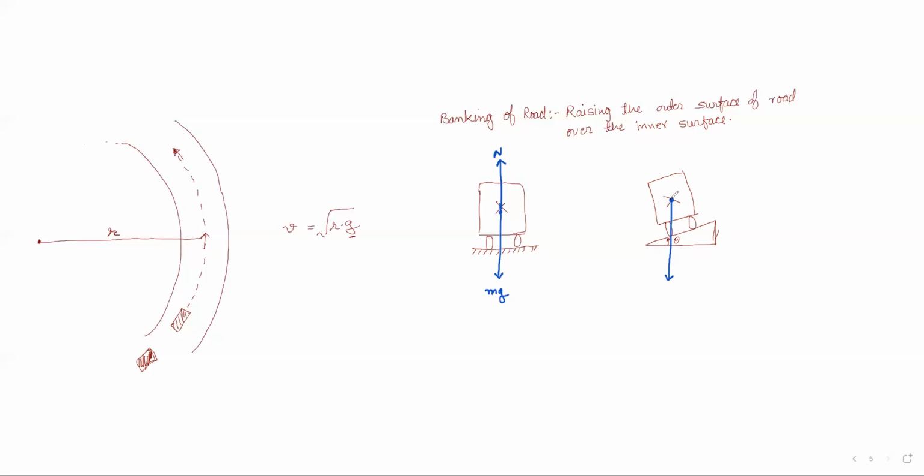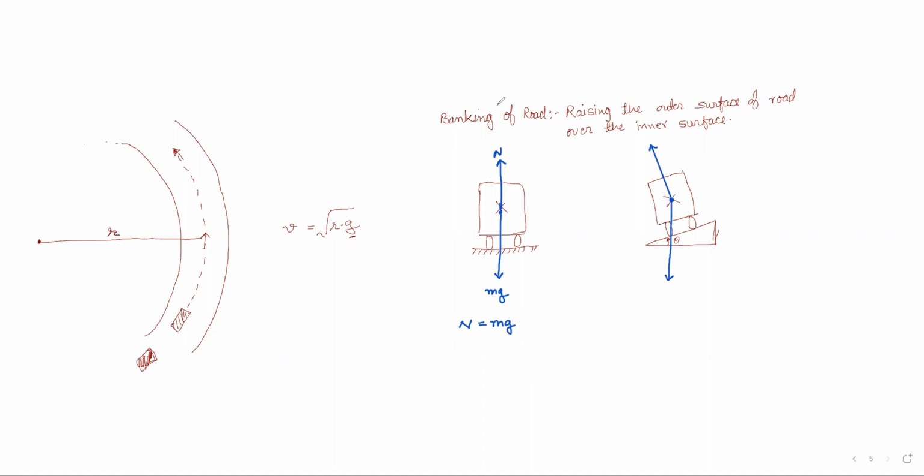The normal reaction will be in this direction. So now we cannot write the equation which we could have easily written here, that the normal reaction is balanced by mg.